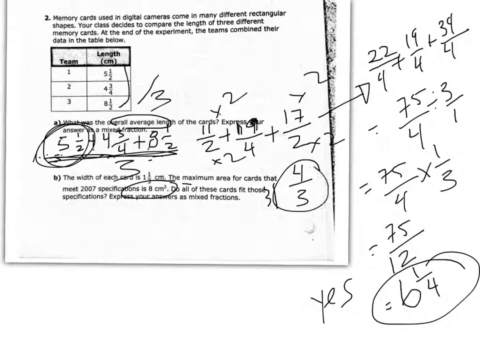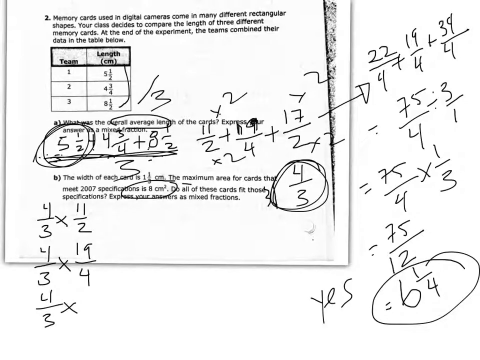So I'm going to be using this number as the width for each. So it's 4 over 3 times 11 over 2, then 4 over 3 times 19 over 4, and then 4 over 3 times 17 over 2. Okay, so let's go through and find the areas for each.